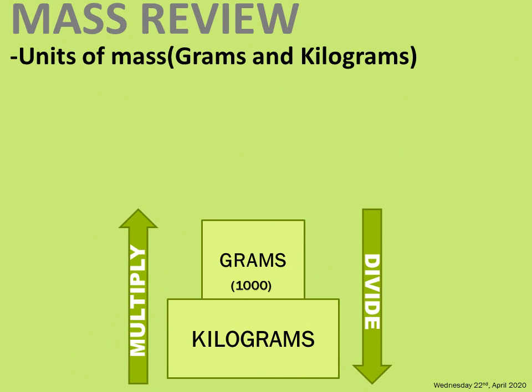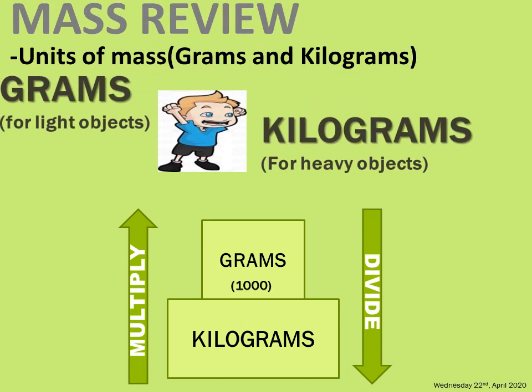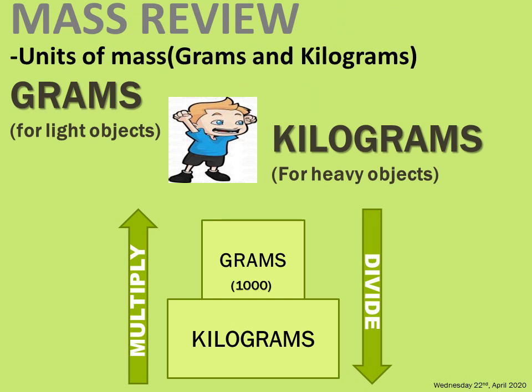Let's see mass. Mass, what do we measure in mass? And what are the units of mass? We measure heavy and light. Do you remember that? Yes. Grams and kilograms are the two units for measuring mass. What does gram measure? Light objects like your Pringles, like vegetables, like a paper clip and a stapler.